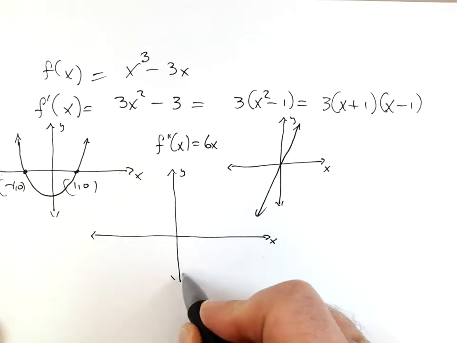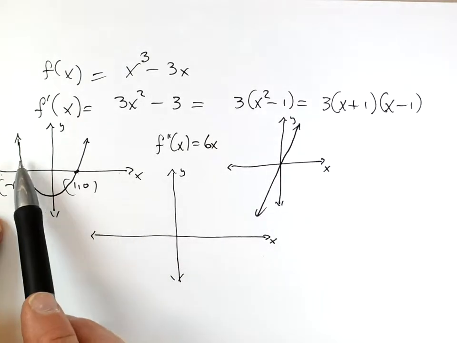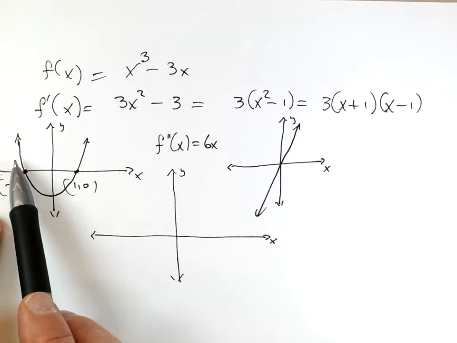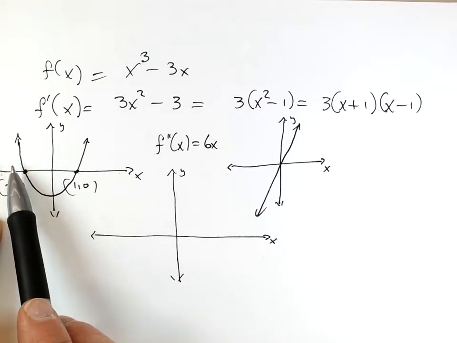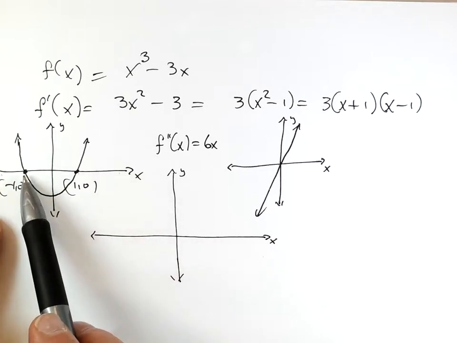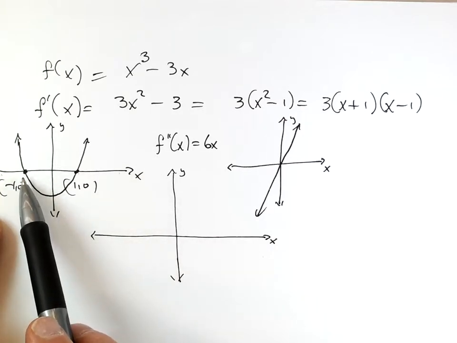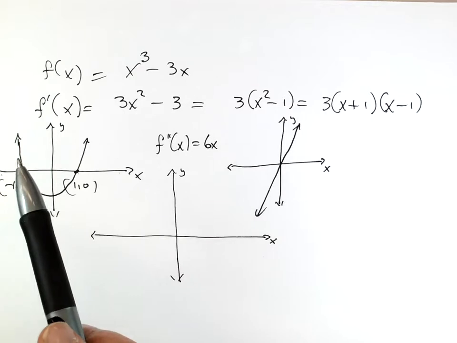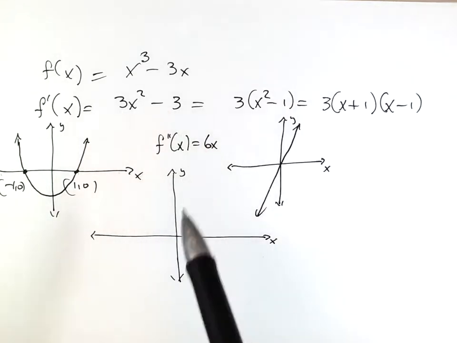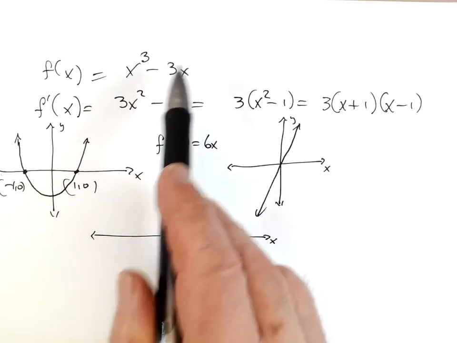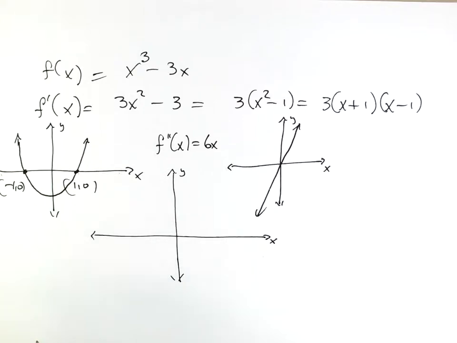Well, here's what we know. Since the first derivative is positive when x is less than -1, this function is going to be rising when x is less than -1. This function has a horizontal tangent at -1, where the first derivative is equal to 0. I'm going to substitute -1 into the function itself to find where that horizontal tangent is.